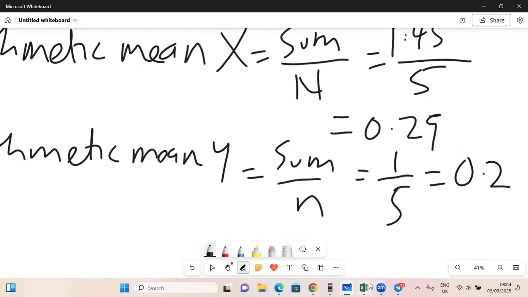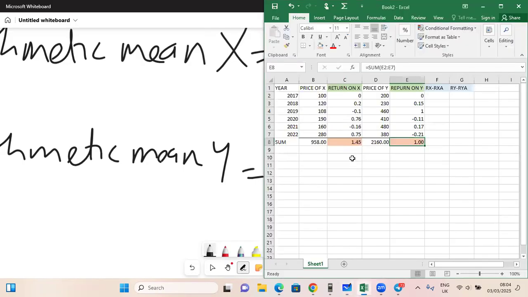So the arithmetic return here is 0.29 and here is 0.2. Right.